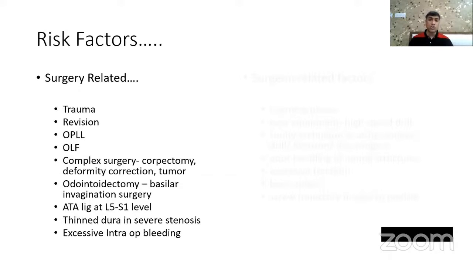Cases of ossification of the posterior longitudinal ligament or ossification of the ligamentum flavum have adherent dura, in which many times even the dura is calcified or ossified. So these patients invariably have high chances of encountering a dural injury.